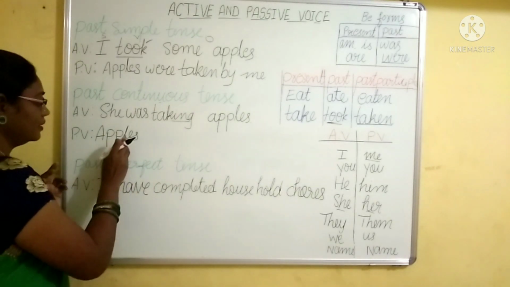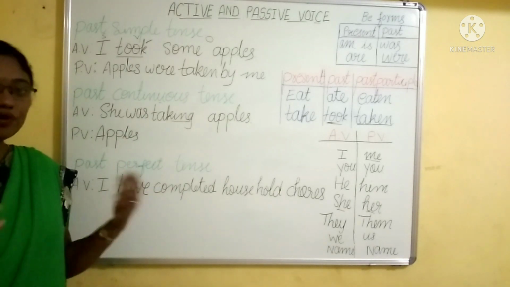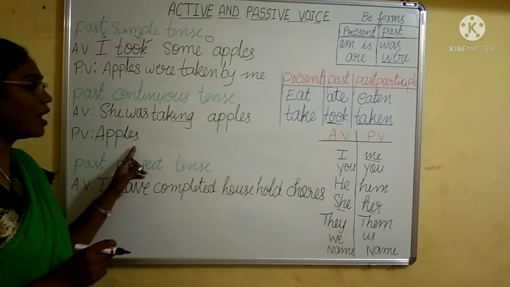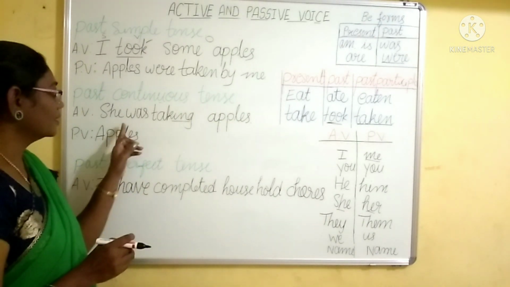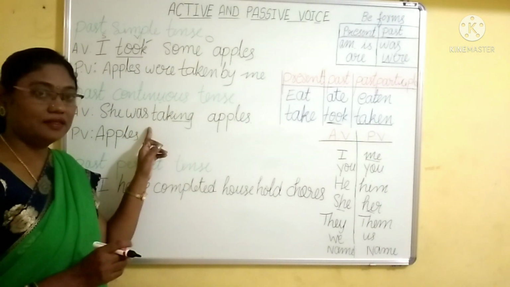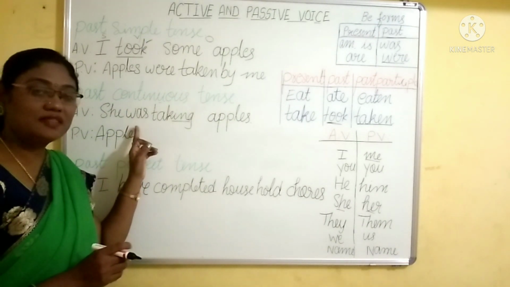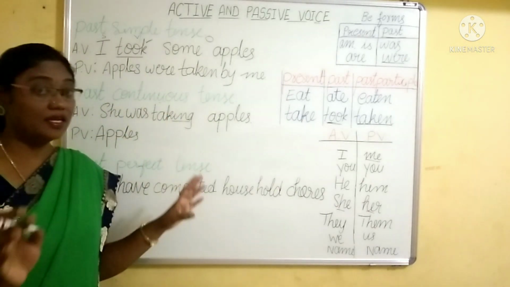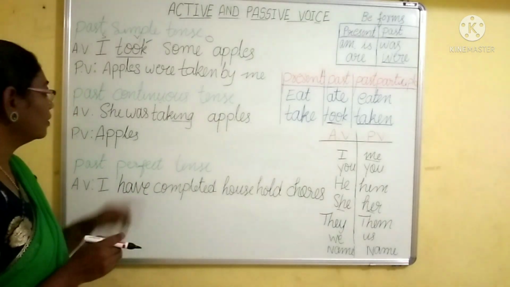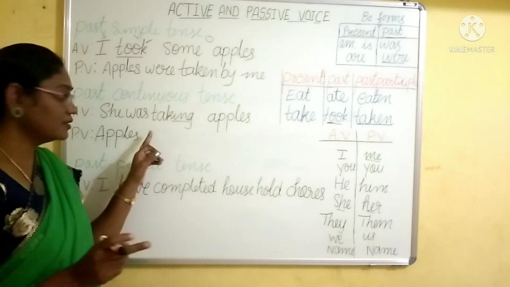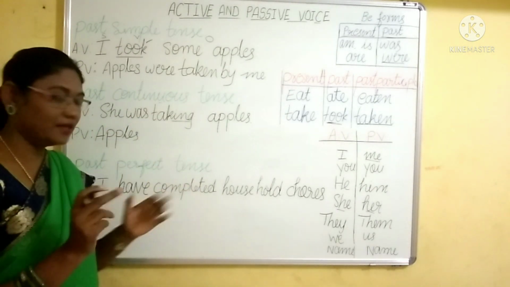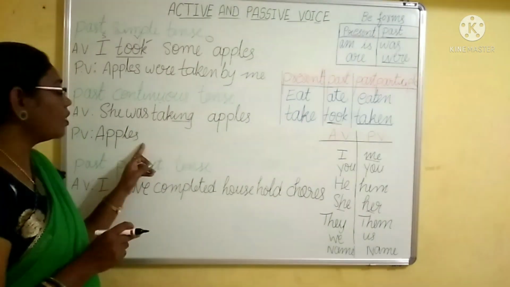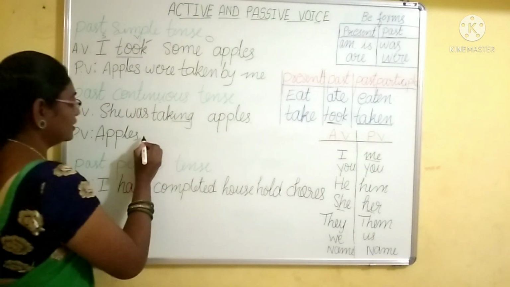But I have written apples. Apples means more than one, right? So apples, okay. See, in this sentence, a helping verb is already there, right? But in simple past tense, there is no helping verb. In continuous tense, the verb is already given. And apples, can we write was here?